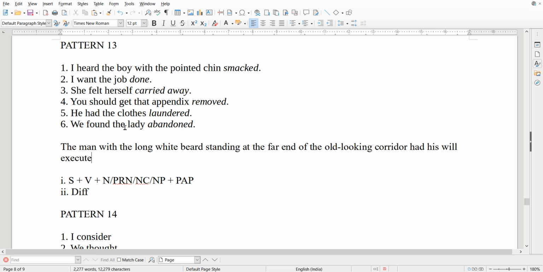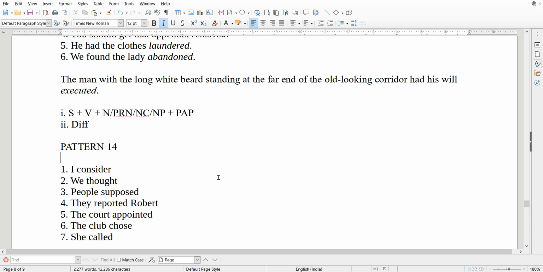That's possible. So will is used here as a noun. Executed is the past participle of the verb execute. Different types of verbs can be used in this pattern. Okay, the next pattern.